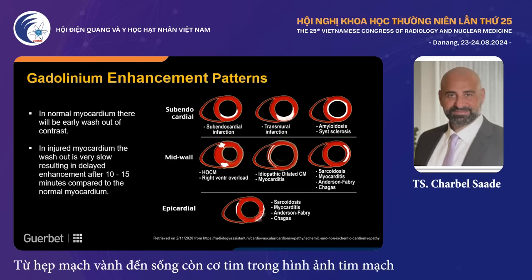And if it's epicardial, of course, you could have Fabry's, Chagas, and myocarditis. But of course, in injured myocardium, the washout is very, very slow, which delays enhancement by 10 to 15 minutes compared to normal myocardium. But we know that the half-life of gadolinium at normal kidney function is 90 minutes, but it can also stay up in your blood radiologically for 5 hours.